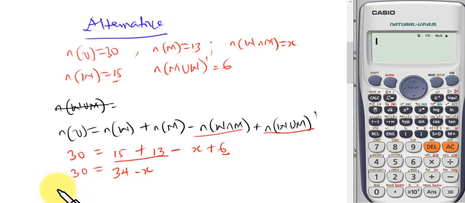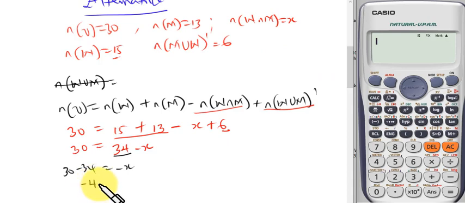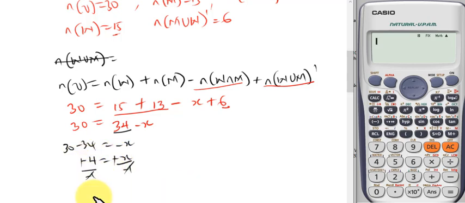I will subtract 34 from this side, and I'll subtract 34 from this side, and I'll have negative X here. So I'm going to have negative 4 equals negative X. And if I want to find X, it means I have to divide both sides of the equal sign by negative 1.